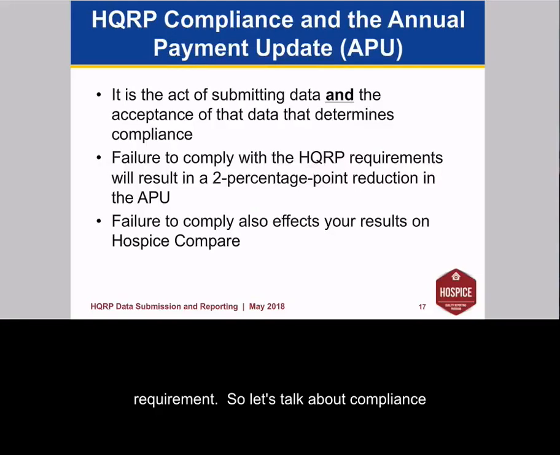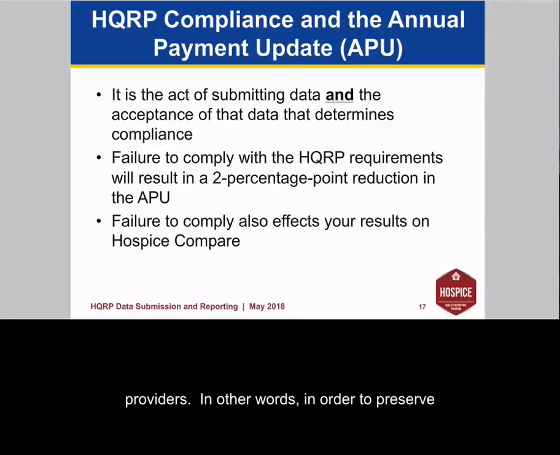So let's talk about compliance and the annual payment update, or the APU. In terms of compliance, it is the act of submitting data and the acceptance of that data that determines compliance with HQRP requirements. It's not your actual performance on the quality measures or the hospice CAHPS. Failure to comply with the HQRP requirements will result in a 2 percentage point reduction in the annual payment update, or APU, for hospice providers.